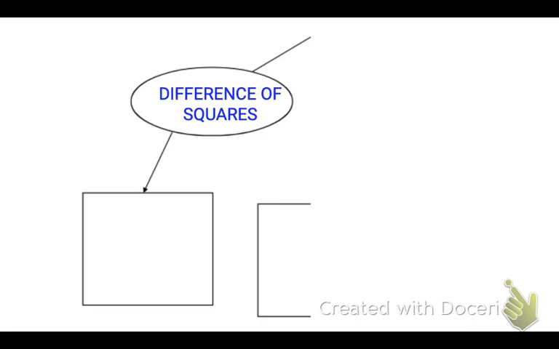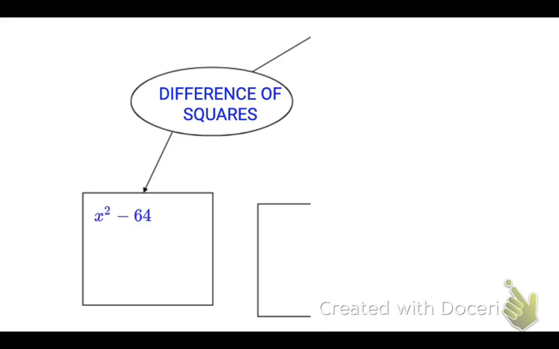Squares meaning perfect squares or variables that are squared. So x squared, b squared, t squared, doesn't matter the number. Difference, so we're subtracting, and then a number being squared. So you need to make sure that you've memorized all of your perfect squares up to at least 15 to help you with a difference of squares problem.